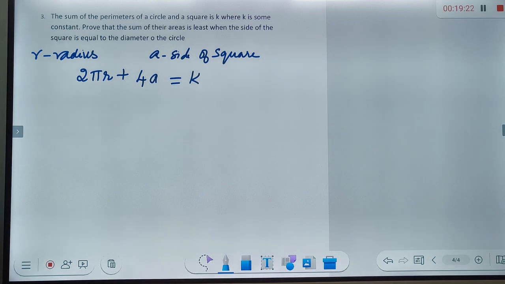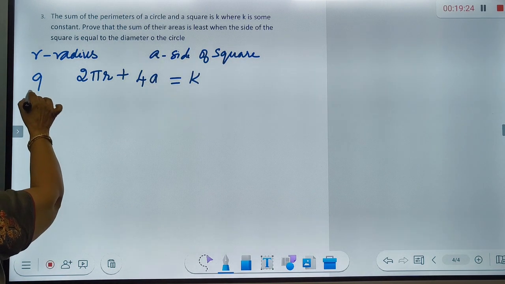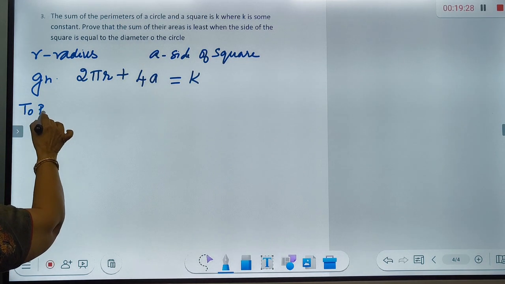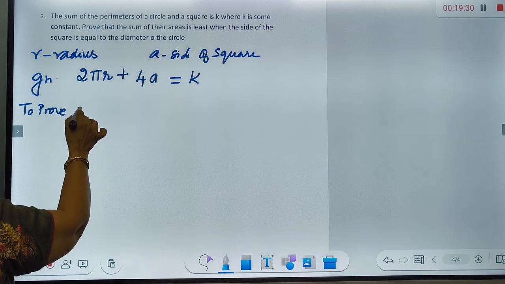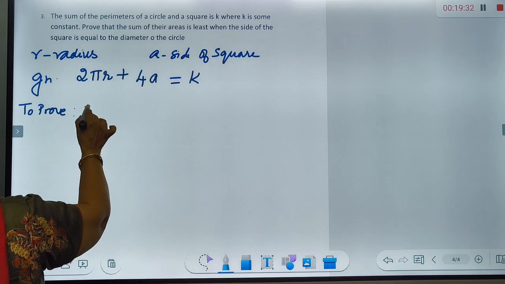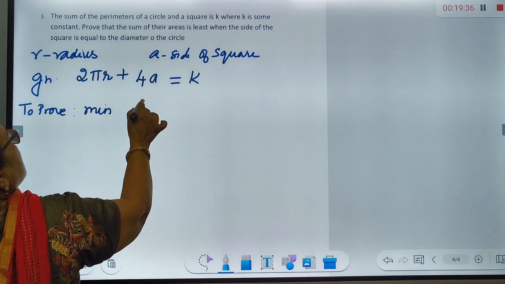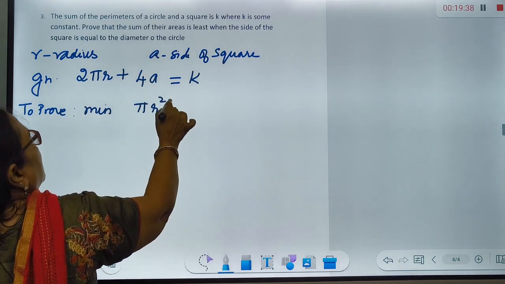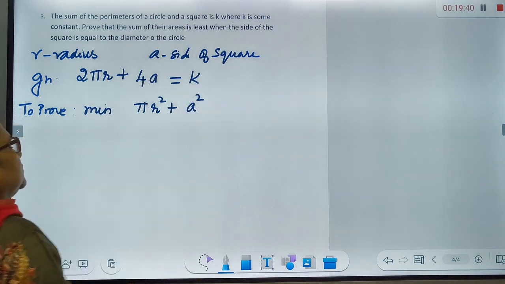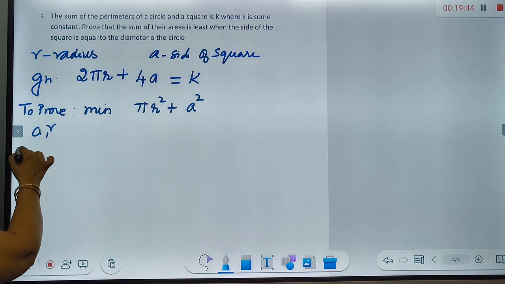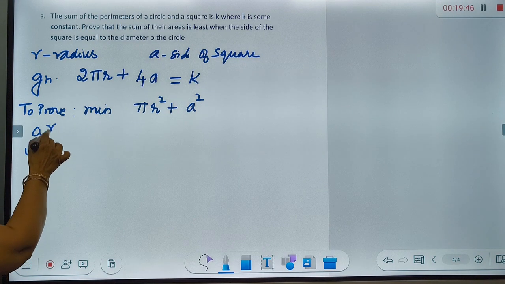Okay. Now, this is given. You have to prove the sum of their areas is least. Minimize the sum of their areas, which is pi r square plus a square. So, here both a and r are variables.